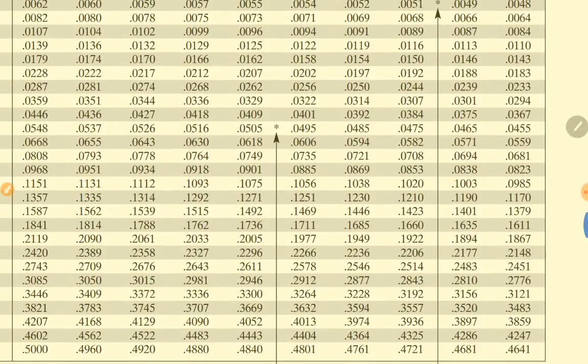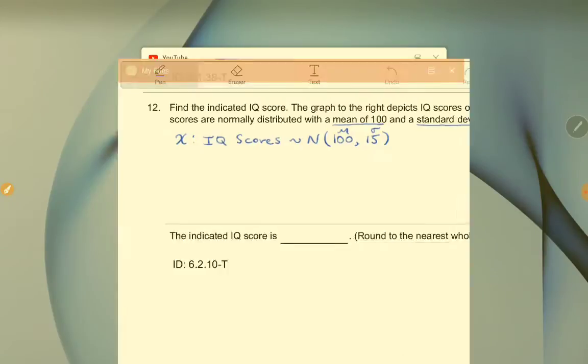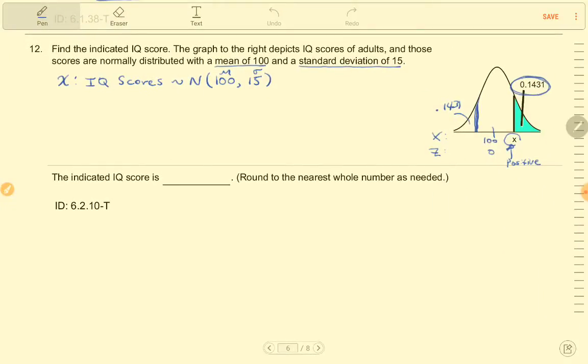Negative 1.431. So the difference, let me write these down. 0.1446 would have, so the probability of z less than, I think it was negative 1.06, I think.